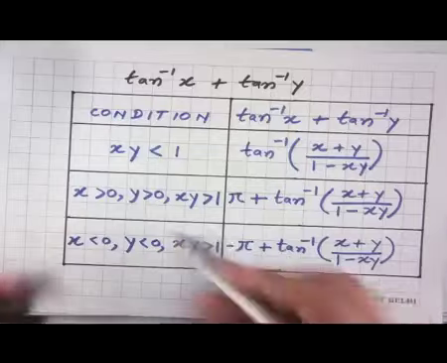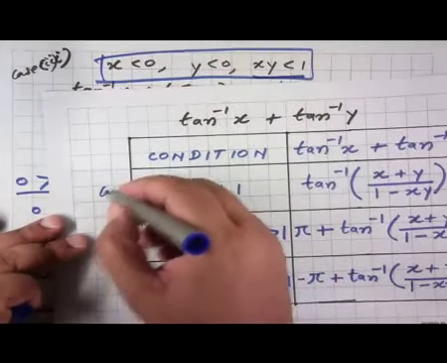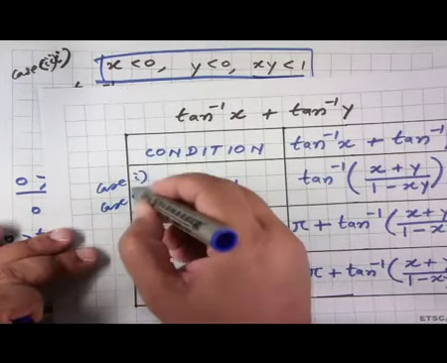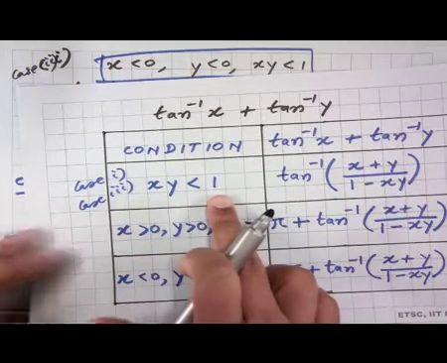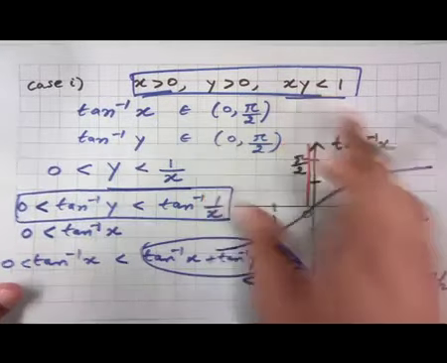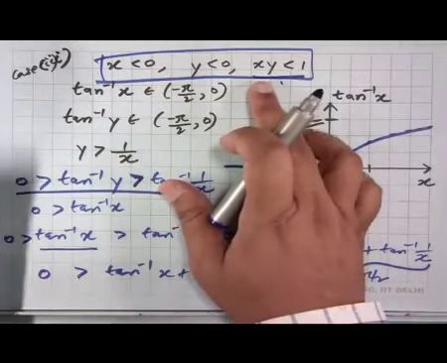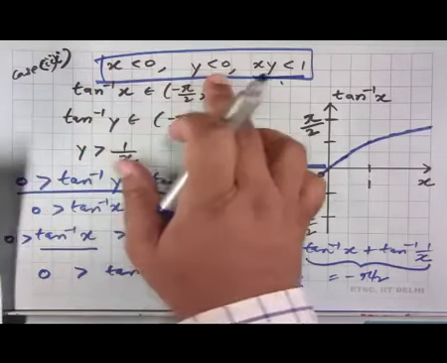So this is case 3. Both case 1 and case 3 belong to this particular case, because if you remember, case 1 was also x y less than 1, but both x and y positive, and case 3, which we discussed just now, is also x y less than 1, but here both x and y are negative.